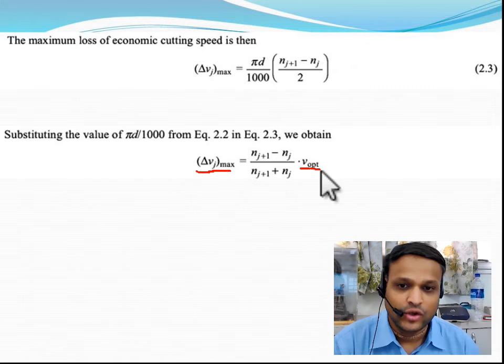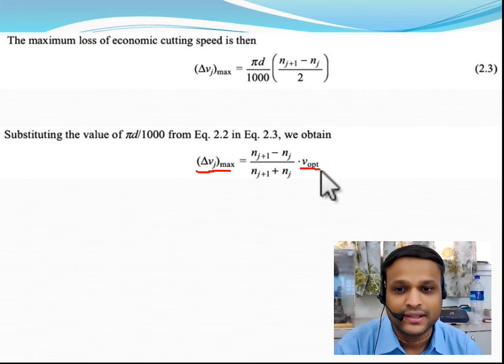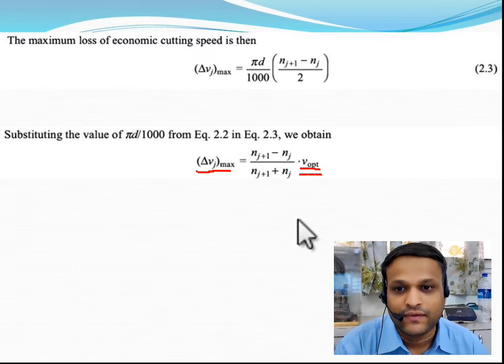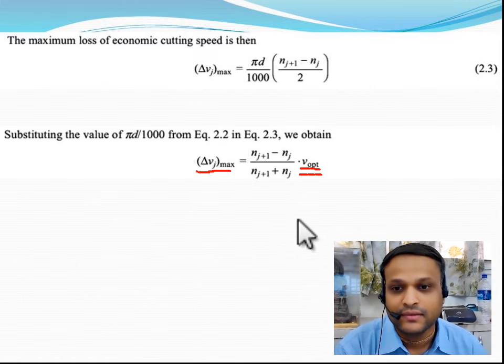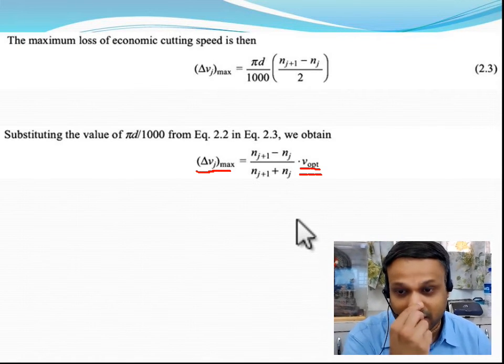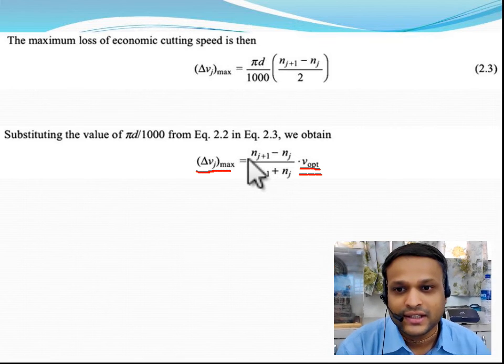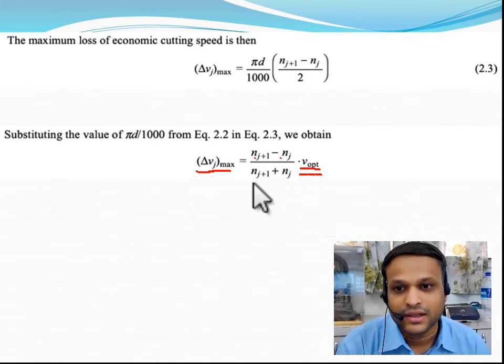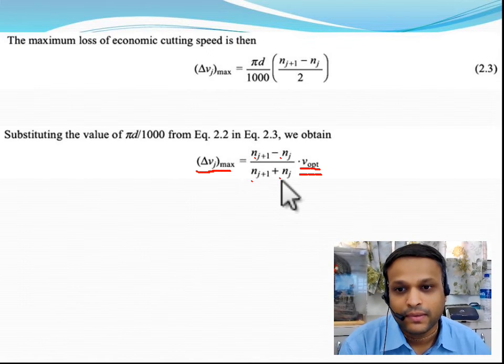Now you must be wondering why we have expressed it in this term. When we make this substitution, we get our V optimum speed, which is a constant speed that does not change, and the second is we express this entire equation only in RPM, that is (nj plus 1 minus nj) by (nj plus 1 plus nj).